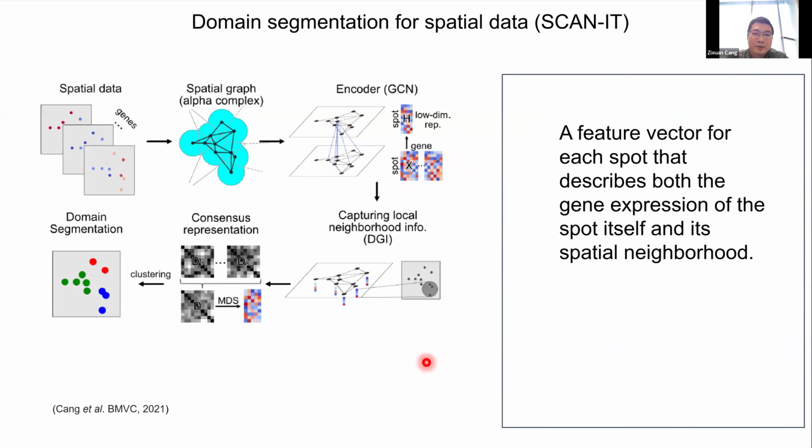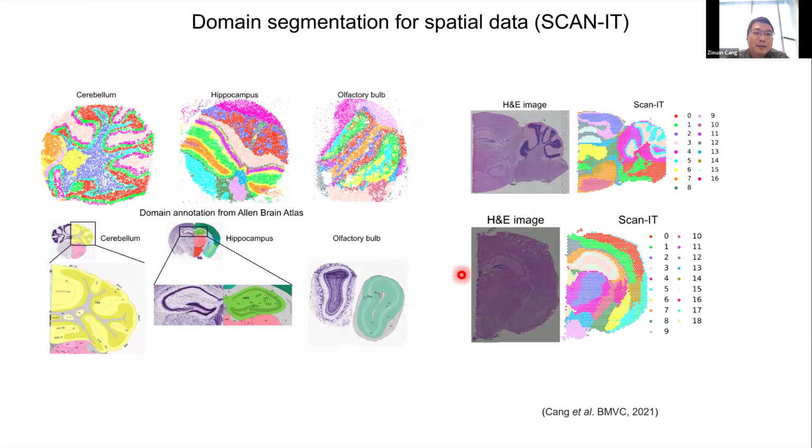Basically what we're trying to do with the loss function is we want a feature vector that captures both kinds of information, unlike PCA in single-cell data that only captures the information on each individual cell. Then once we get this low-dimensional embedding, we're able to feed it to some clustering algorithm to get a spatial segmentation of ST data. So as a result, with this simple method, we can get a pretty good segmentation of spatial data of structures at different spatial scales.